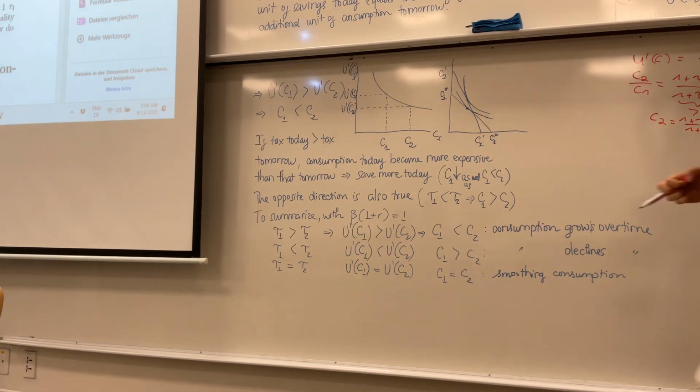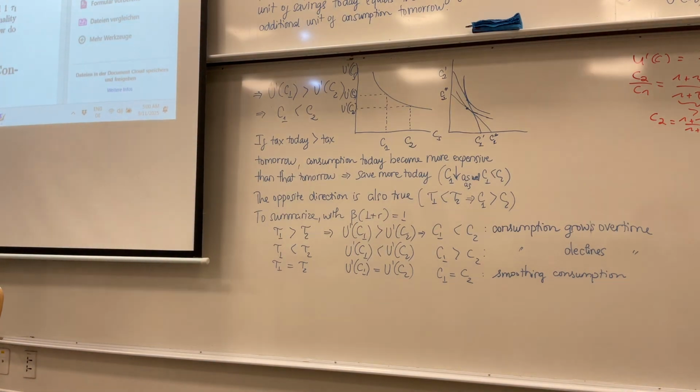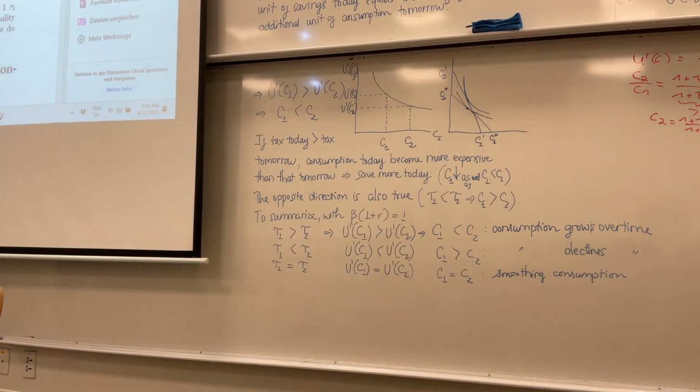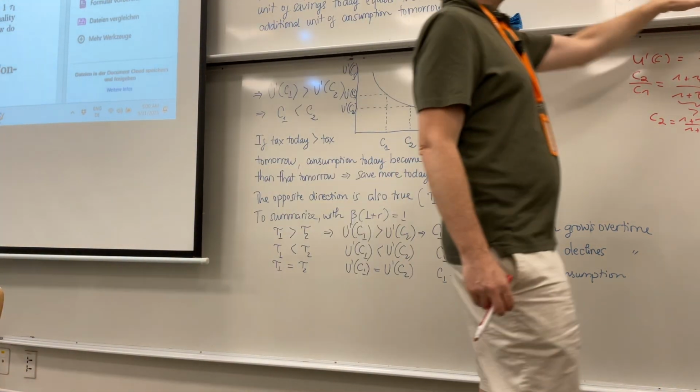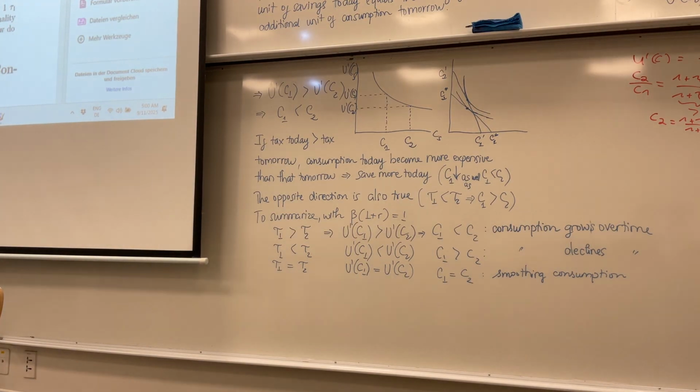It's changing the marginal rate of transformation. Think of it as changing the intertemporal rate of substitution. It's making it cheaper to wait. It's increasing what you get in the future for giving up 1 unit today.